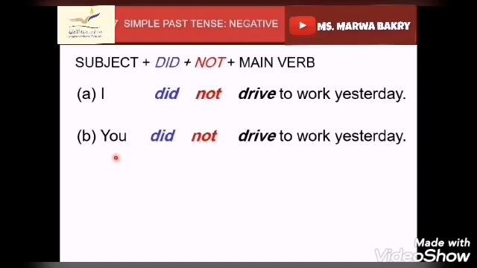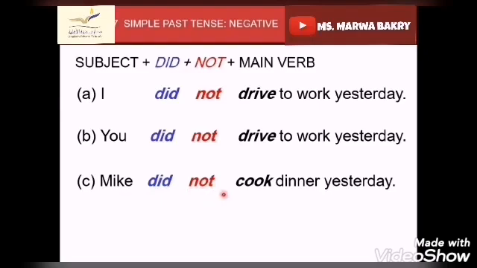Look at another example. You did not drive to work yesterday. Also here we use you as a subject, followed by did not. And here, take care, my students, we do not say drove, the past. We say drive in the present form or infinitive form. After didn't, we use the infinitive form.